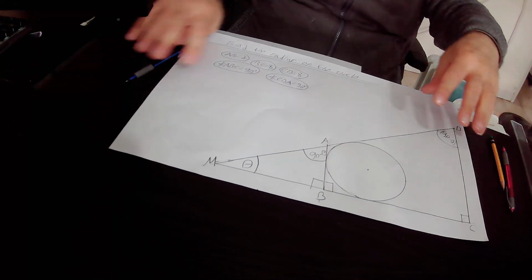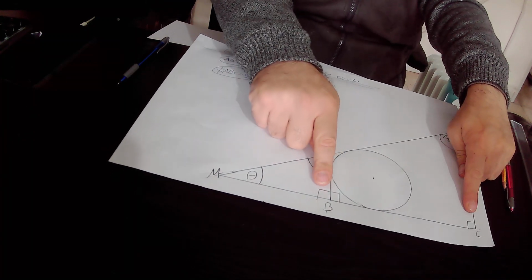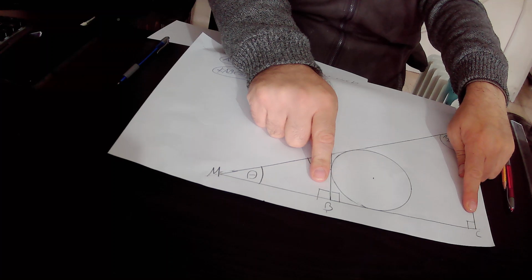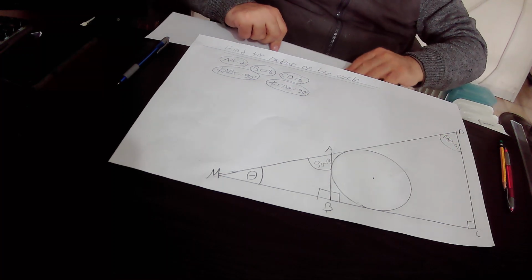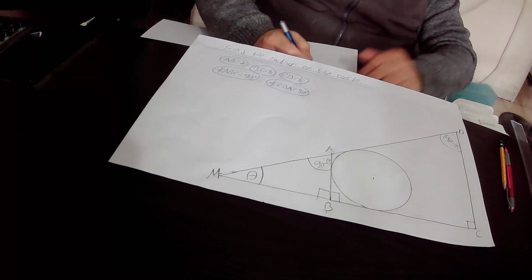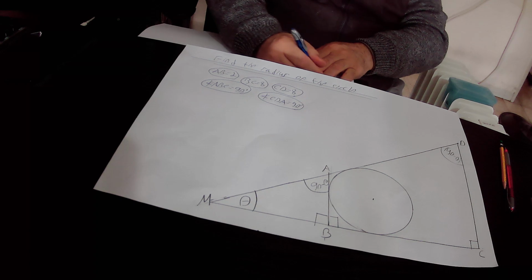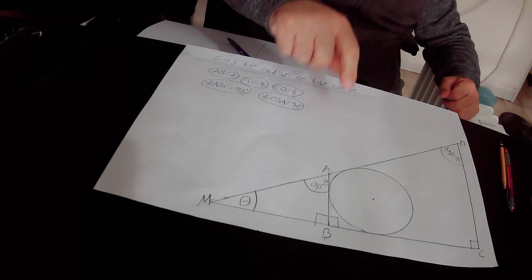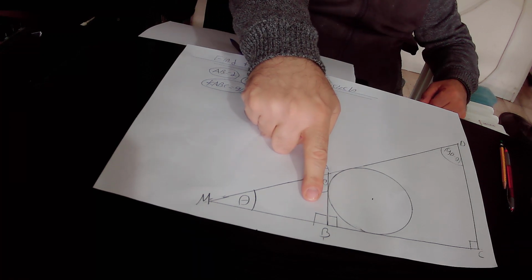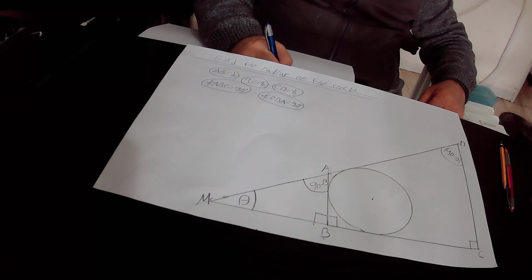So why are those two right triangles similar to each other? First of all, those two angles are both equal to 90 degrees, therefore they are equal to each other. This is angle DCM in the right triangle DCM, and it is equal to this angle, which is angle ABM in the small right triangle MBA.